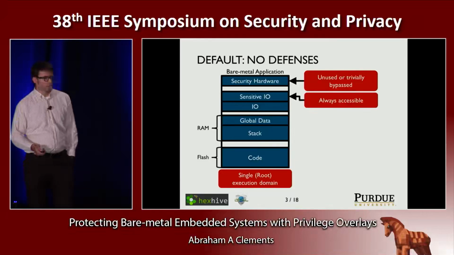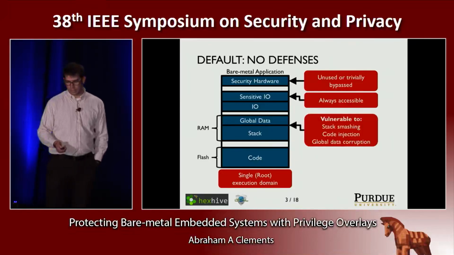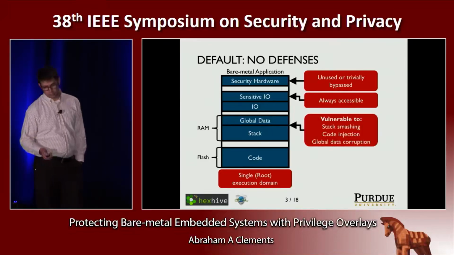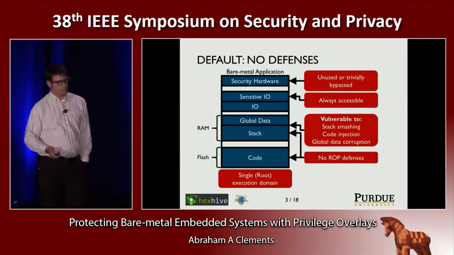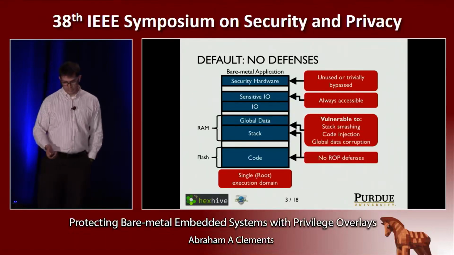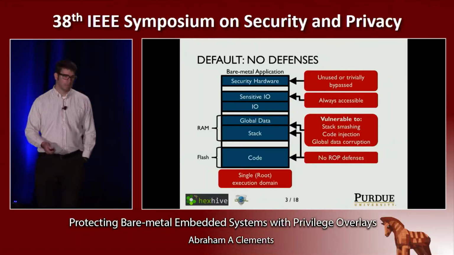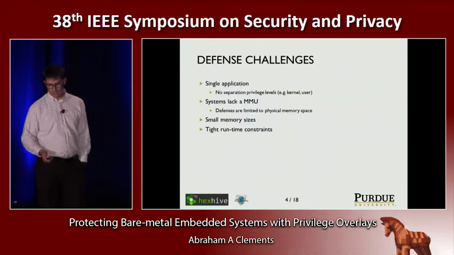Any sensitive I/O would be always accessible. Your RAM, any of your global data or stack is vulnerable to stack smashing, code injection, global data corruption. And your code and your stack employ no ROP defenses. Essentially, we're sitting 30 years back on these devices from desktops today.